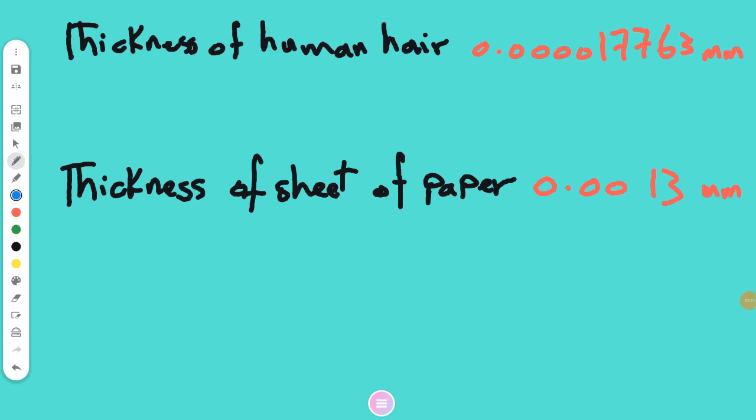Okay, this is an example of using very small quantities, and how to represent them in the power of 10. If I have the thickness of a human hair, which is actually very small, 0.00004017763 millimeter, okay? I need to estimate it to the nearest number.